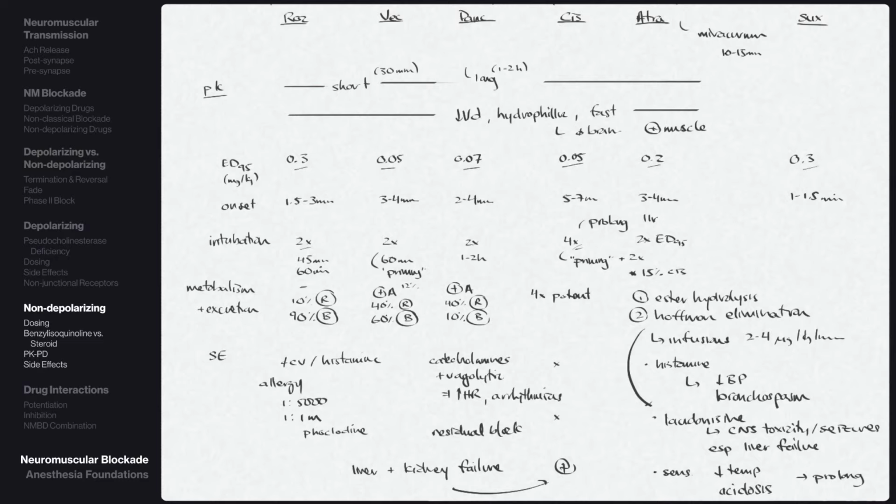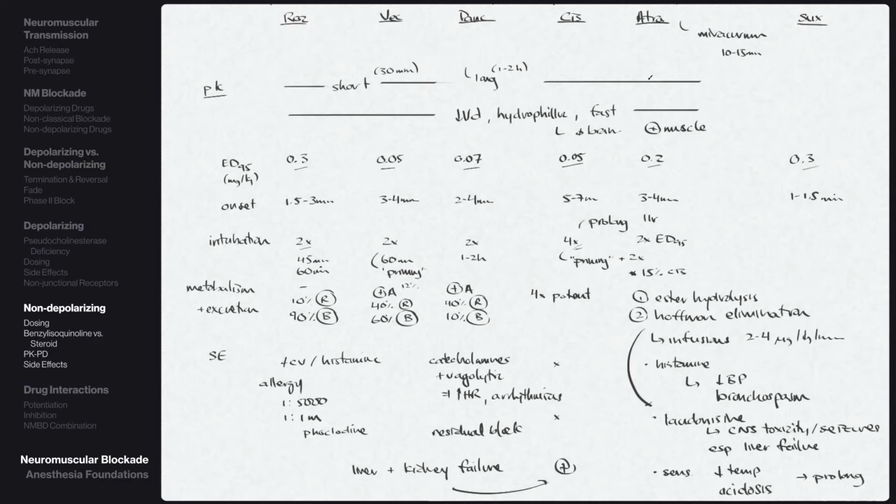And then lastly, I want to mention this idea that a lot of our short-acting agents, ROC and VEC, and cisatracurium and atracurium, they all have relatively short durations of action, or maybe intermediate durations of action, but this is due to different reasons.